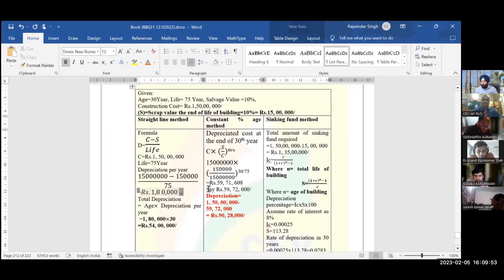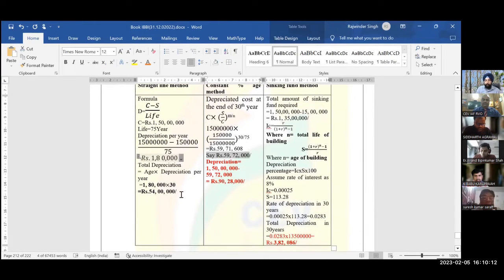Now this is the depreciated value. See the difference. Straight line method will give you depreciation, and constant percentage method will give you depreciated value. Here, if you have to calculate depreciated value, what will it be?